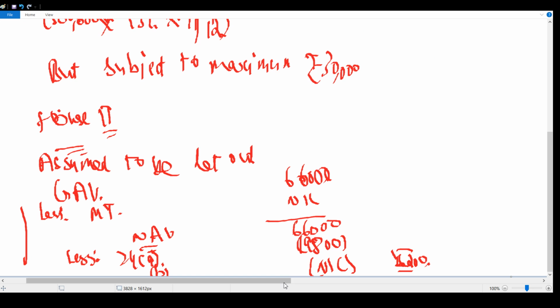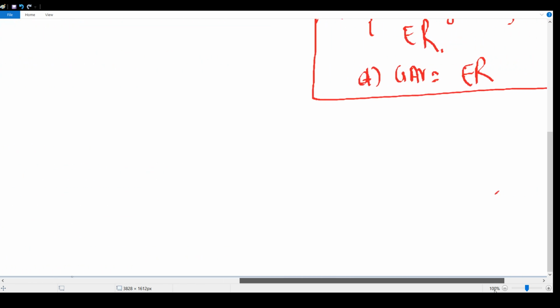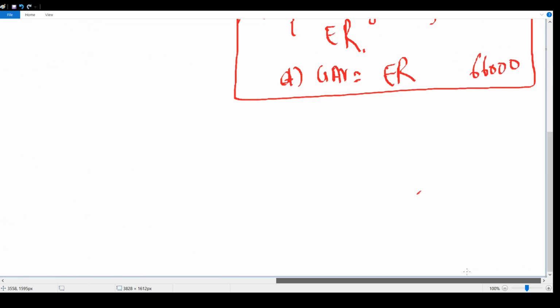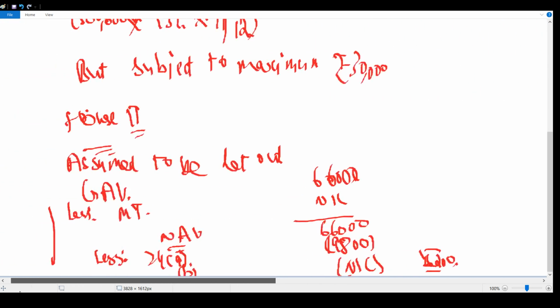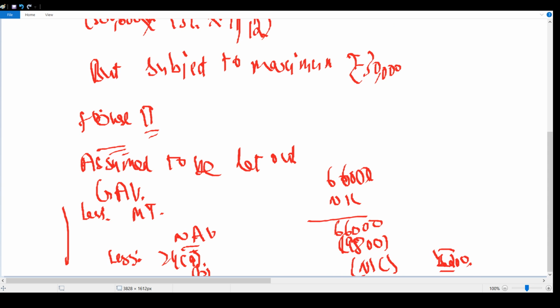Now option 2. I hope till here you all have noted down the solution. Have you noted? Just comment so that I can change the page.